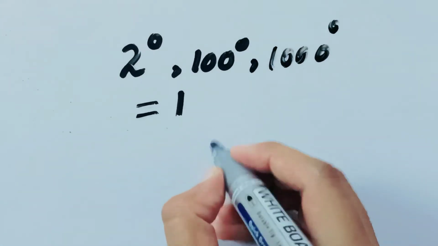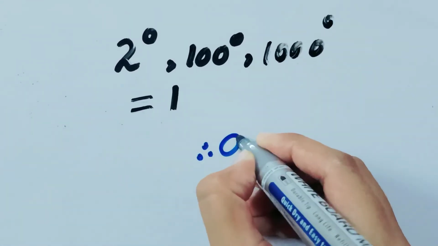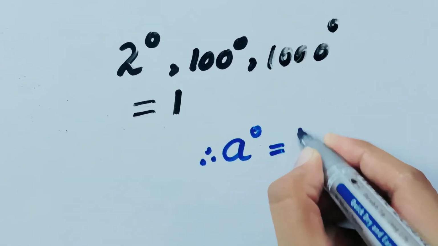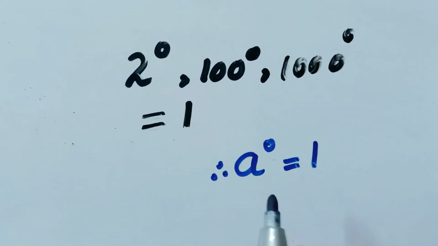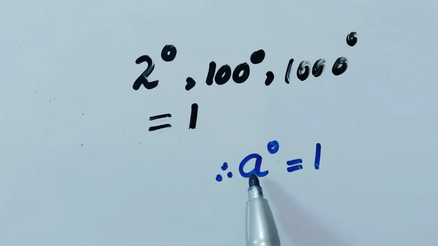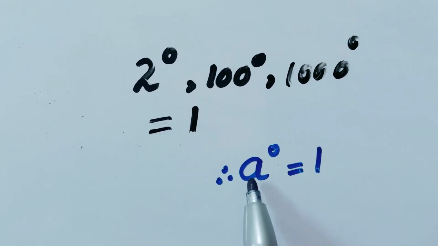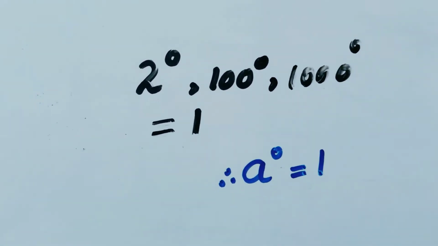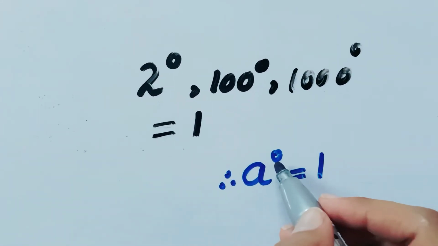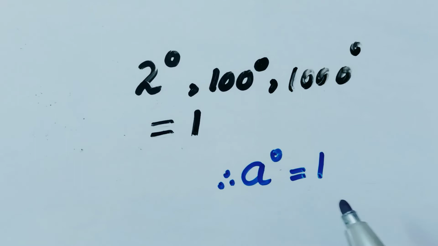So our next exponential law is a raised to power 0. It is the general form. a raised to power 0 is equal to 1. It means a can be any number, any variable, a product of numbers or variables, it can be any term. Any term having power 0, having exponent 0, is always equal to 1.